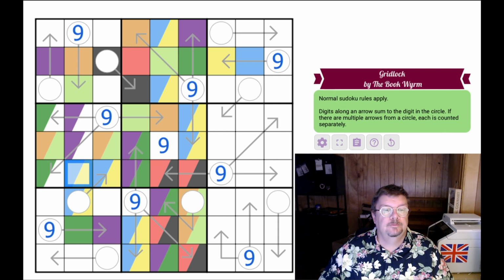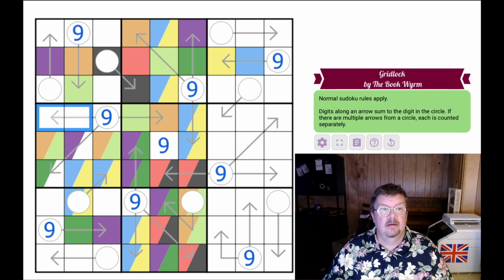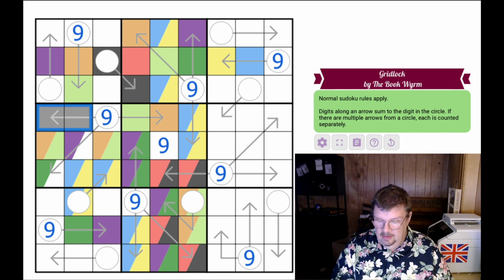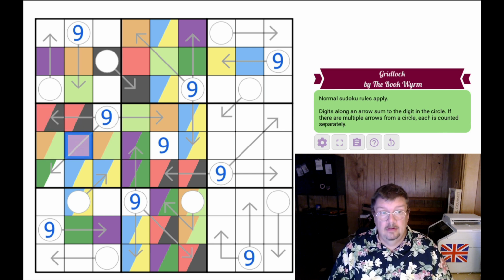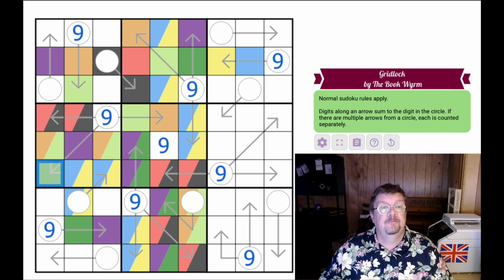And now the remaining missing digits from here are black and red. I'm not going to know which order they're in. Oh, hang on a minute. That can't be black and red. So black and red must be up here. So that is those two, and that now must be purple, and that must be green, dark green.